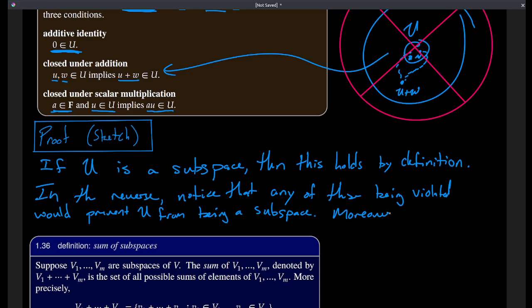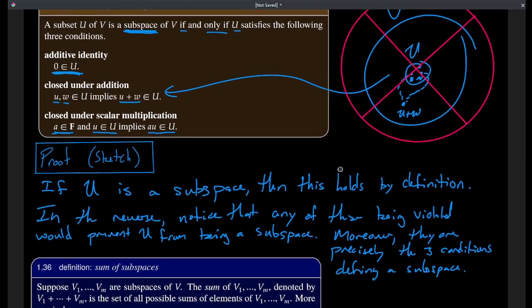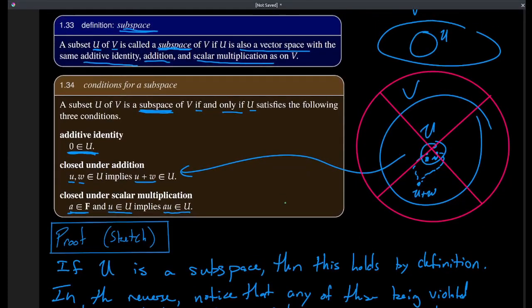Moreover, they are precisely the three conditions defining a subspace. So that's not a very thorough proof, but it really is essentially exactly as easy as you think it is.